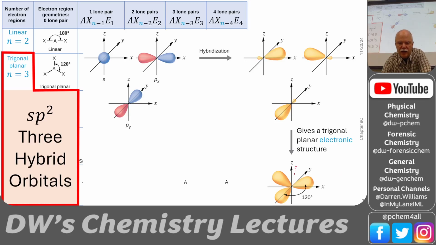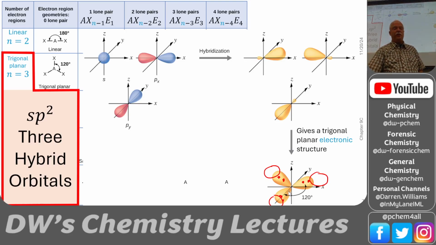And so after we make those hybrids, we can put 2 electrons in each of those. And they can bond to three things. And so that's how I get my AX3, which is shown in that picture up there. And that's where I get the 120 degrees for sp2 hybrids.